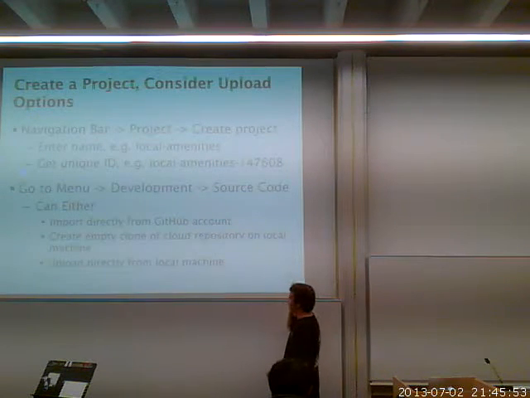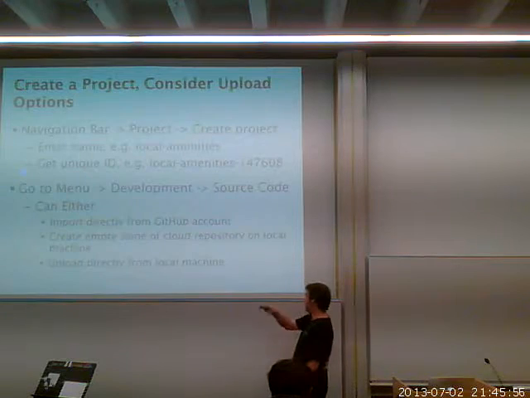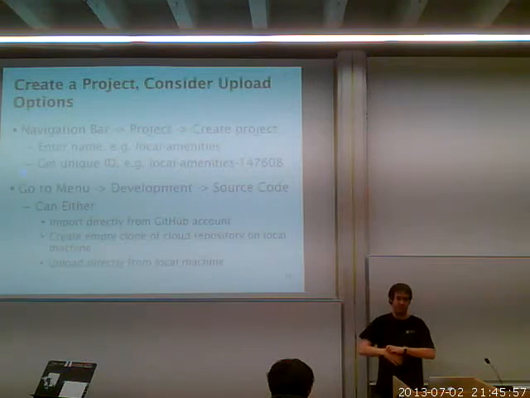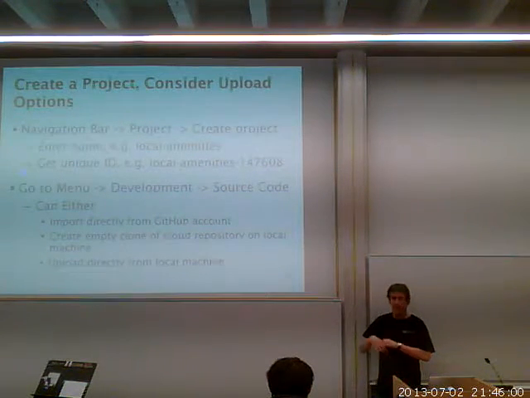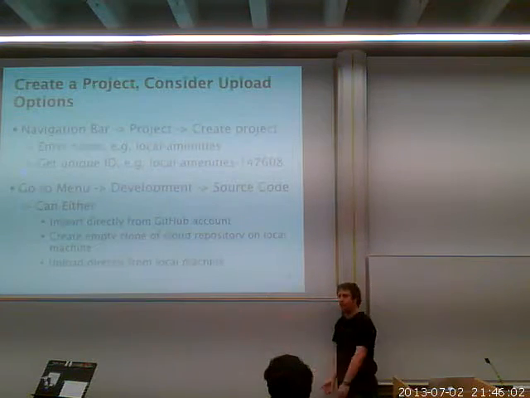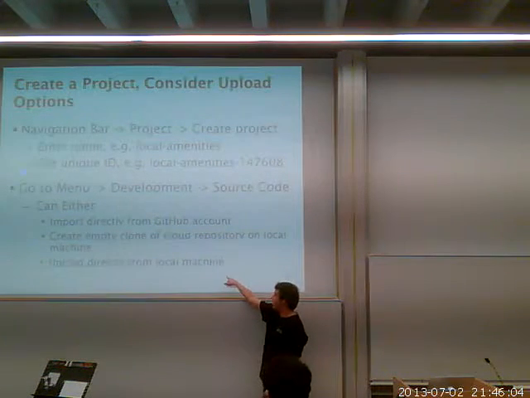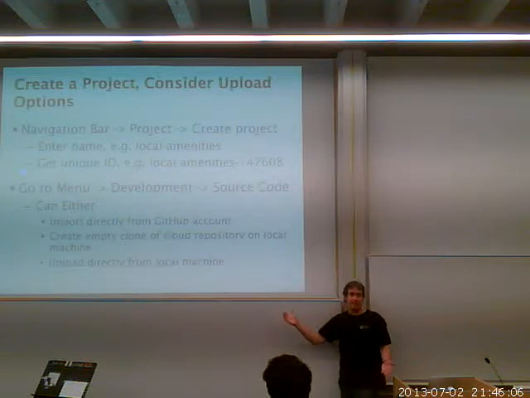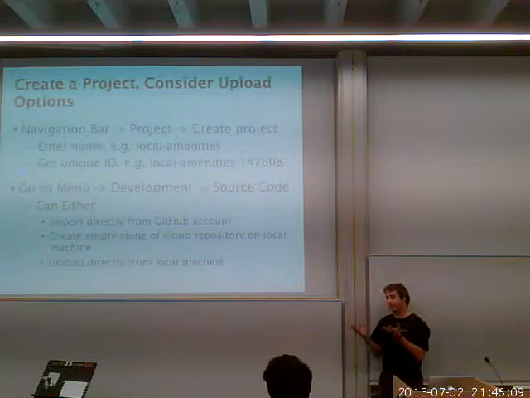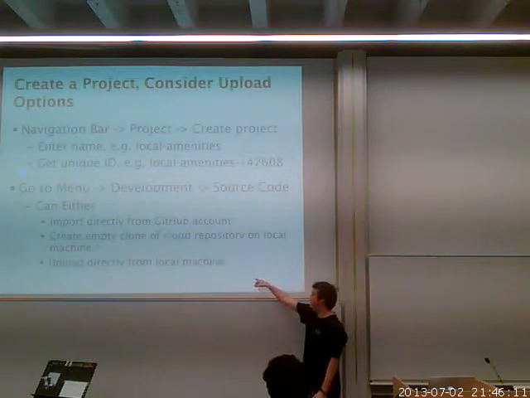The other option is you can create an empty clone of the Cloud repository and then check that out, put some code in it, and then put that code back in. Or you can upload directly from your local machine from an existing GitHub project that you've cloned, and that's the method I'll be using.